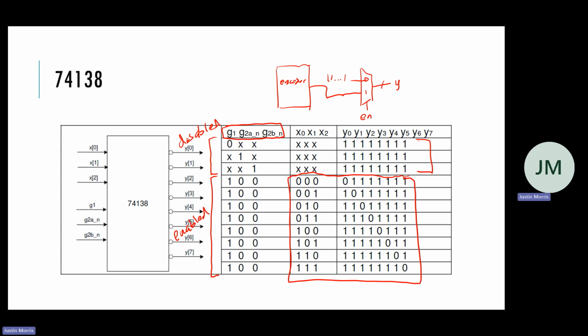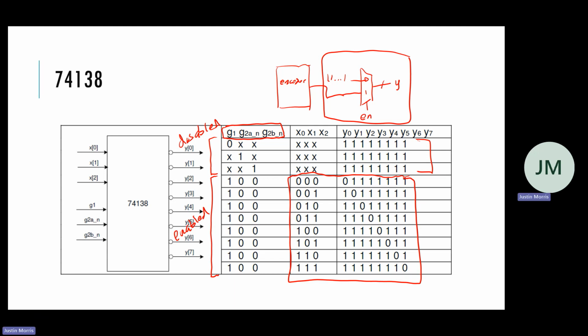If you want to make this block, you can make an 8-bit multiplexer, or you can use what type of high-level style code?